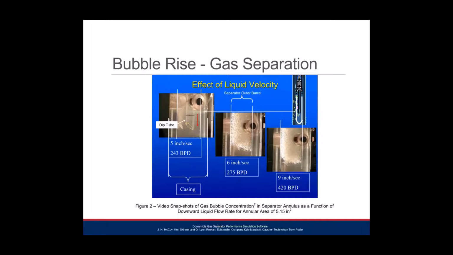So at 9 inches per second, we're pulling down that fluid really fast. We're at 420 barrels a day, and we're pulling in a lot more gas. So the pump is much less efficient. And so this is the basics of bubble rise velocity, which we'll talk about, or just fluid production, and then the gas separation area. All of those things are important to understand.